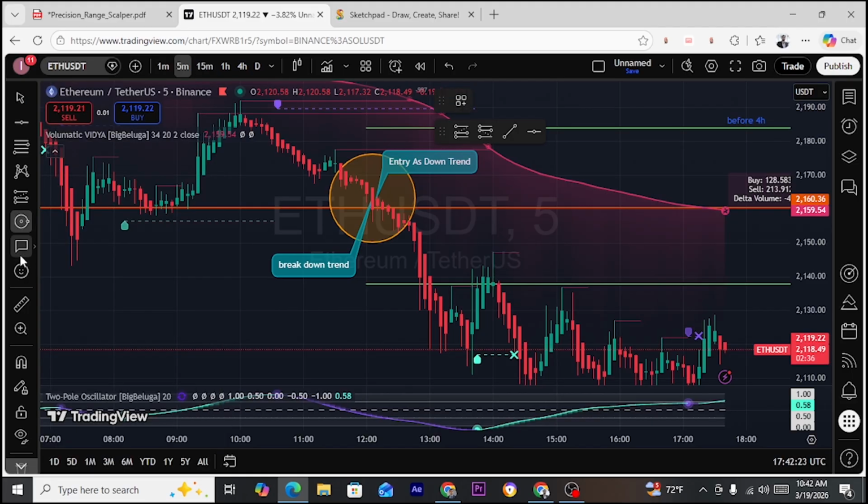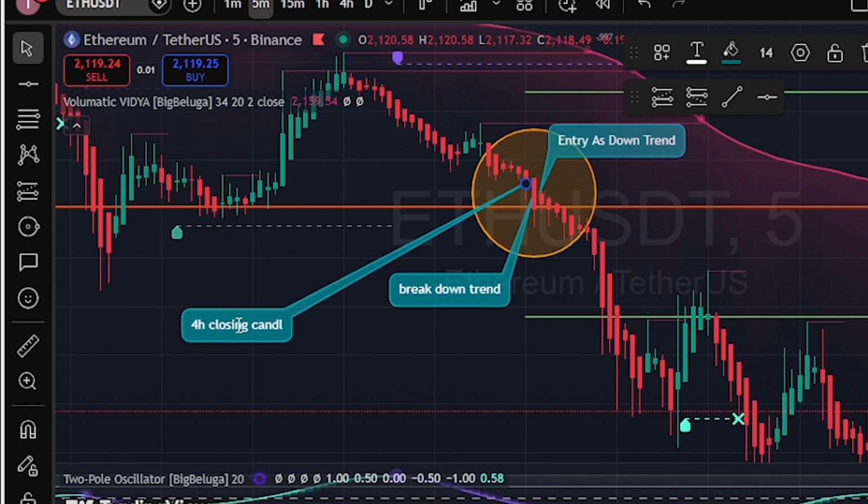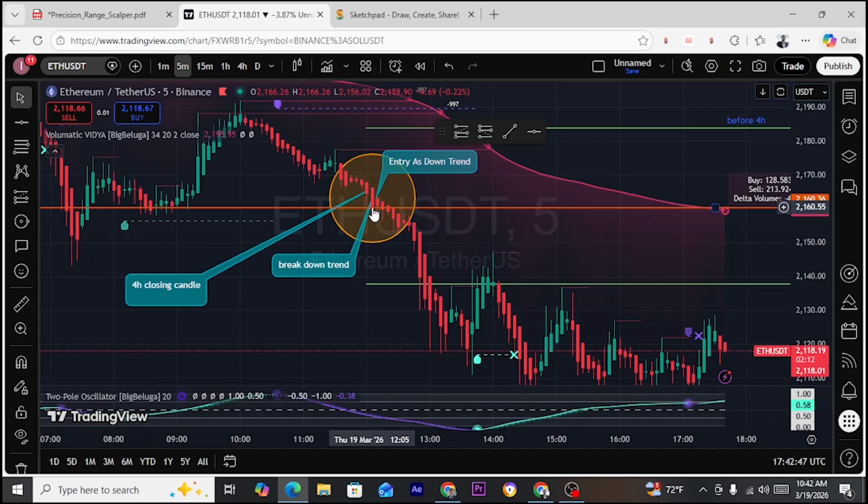If we make a mark, this candle is for our closing candle, and this is the starting candle of the new 4 hours. Okay, so if this is a new 4 hour candle, we have to look at the 12:05 candle closing.